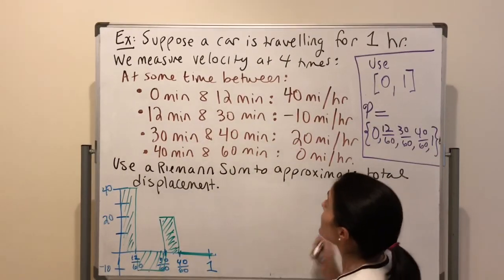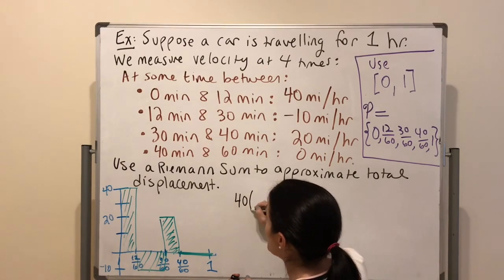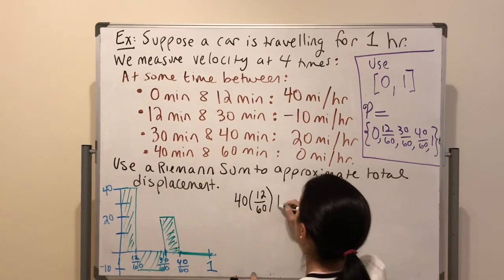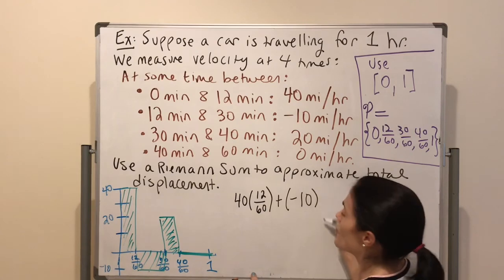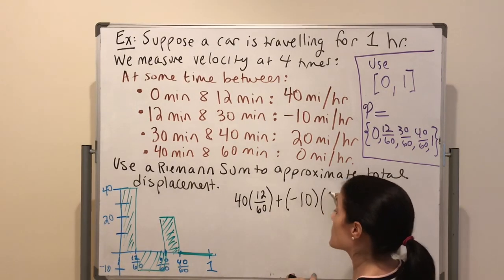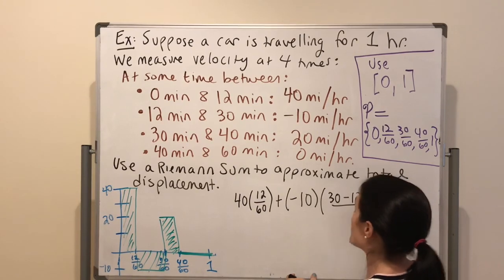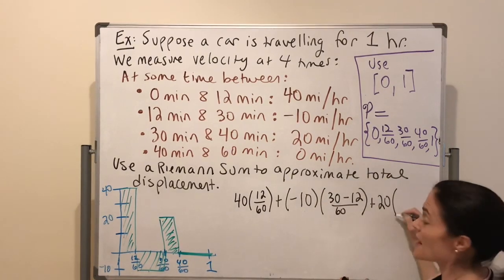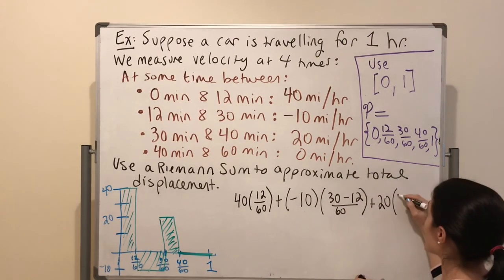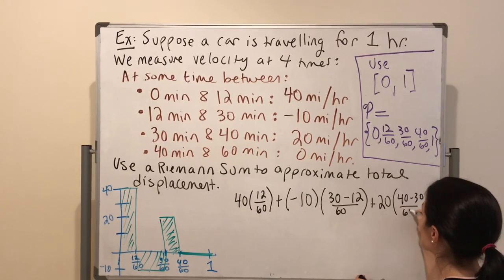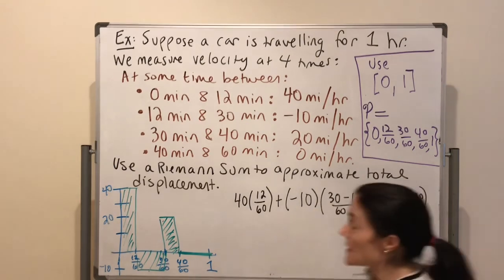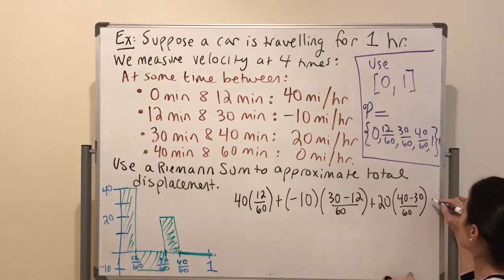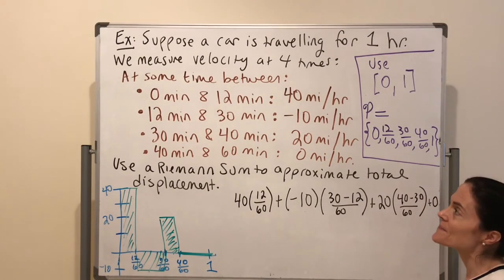Okay, well, we have 40 miles per hour times this length of the interval, which is 12 over 60, and then plus minus 10 miles per hour times, well, the length of this interval is 30 minus 12 over 60, and then we have plus 20 times the length of this interval, which is 40 minus 30 over 60, and it looks like I have no more space except the last interval, the height is 0, so we have plus 0, okay?